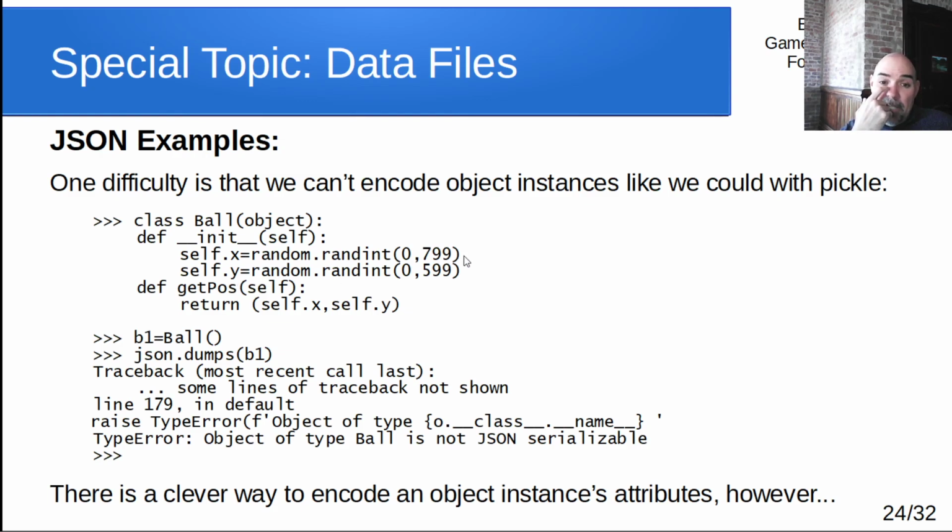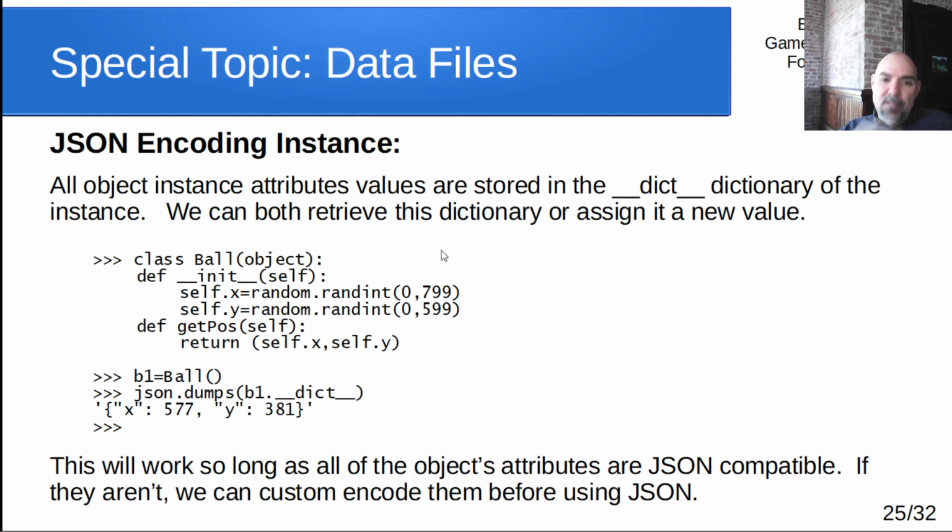So it's a dictionary actually storing all of the attributes. And we can get access to that because it's stored inside of this specially named __dict__ dictionary that every object has. So here, notice what I could do is I could say b1 equal ball, and I could do JSON.dumps b1.__dict__, and that's going to save the x and the y.